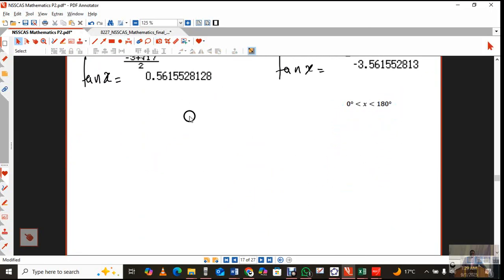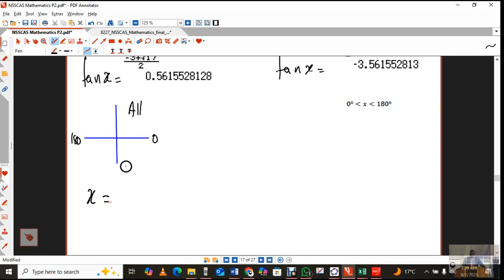Now, if I look at this, tangent is positive, right? You still remember that here all of them are positive, and because it's between 0 and 180, in this particular one, my x is just going to be in the first quadrant.